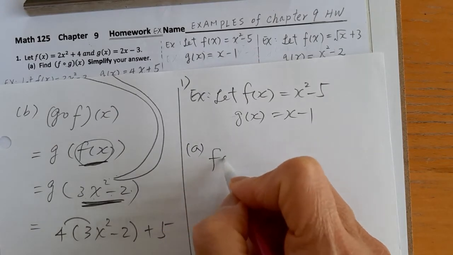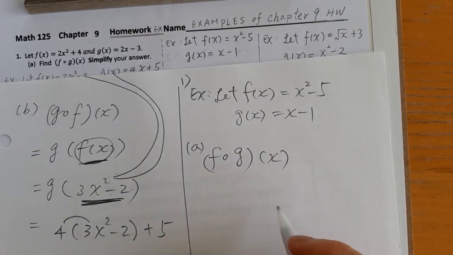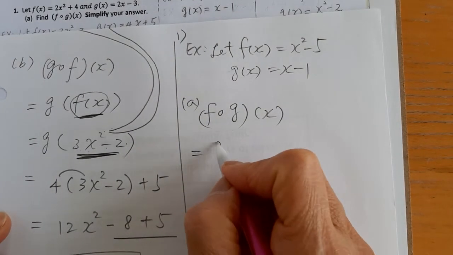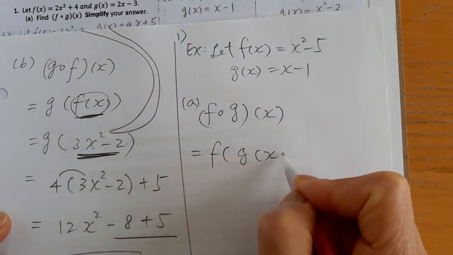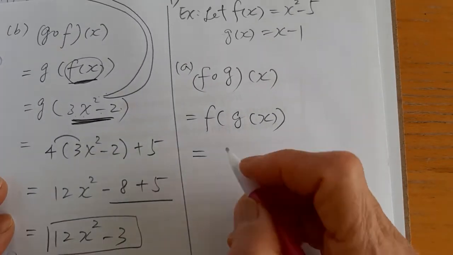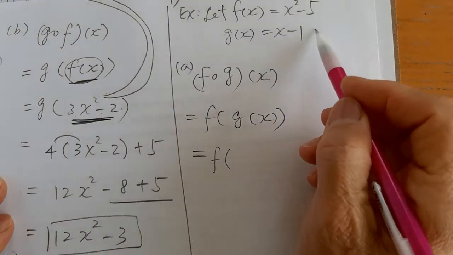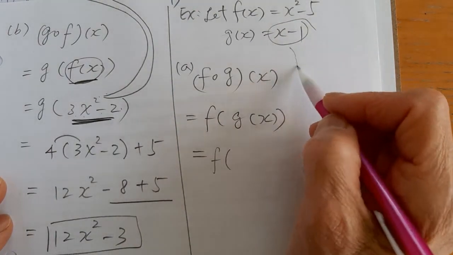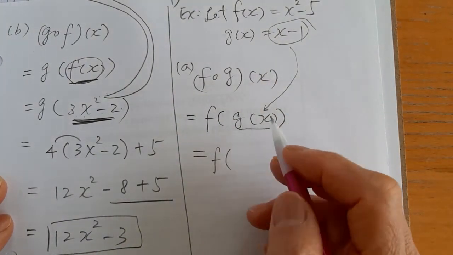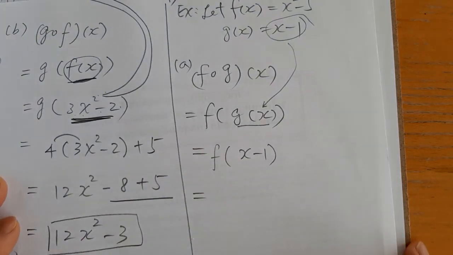A, find f circle g of x. That is equal to f of g of x. So then substitute in: what is g of x? G of x is x minus 1. So you put it in here. Substitute in, and you got this one.